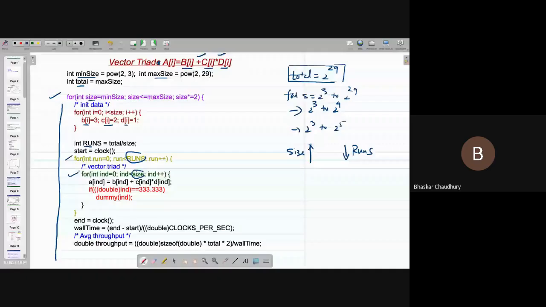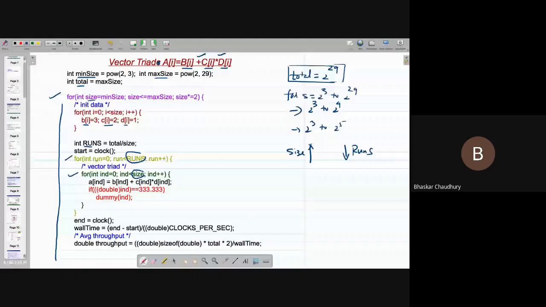Now what we are doing, we are first running this run loop from 0 to runs, and this another. So this is the vector triad part. Vector triad: a is equal to b plus c into d. That is being executed here.